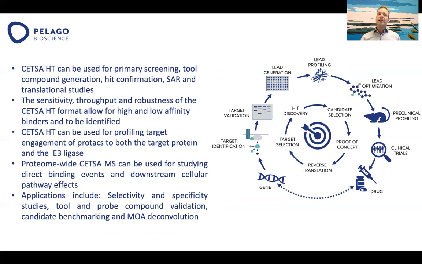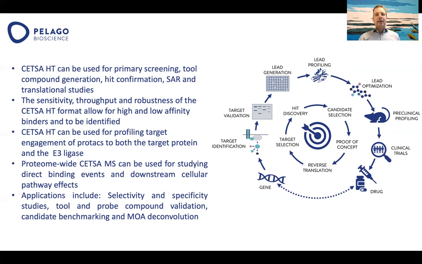Because of the sensitivity, throughput, and robustness, you can identify both very low affinity binders, but of course also high affinity binders. And she lastly showed you about using CETSA HT for profiling both the target protein of a PROTAC and the ligase.